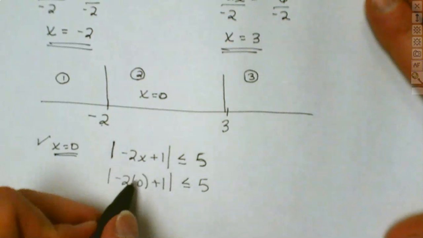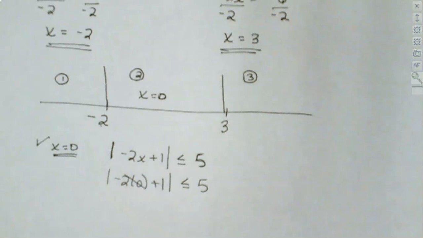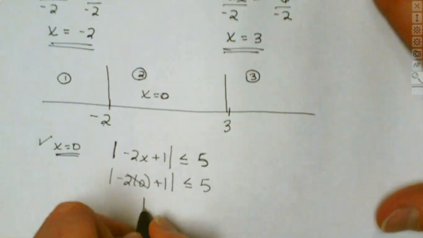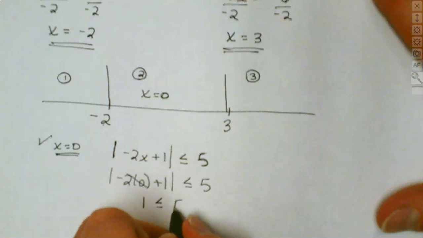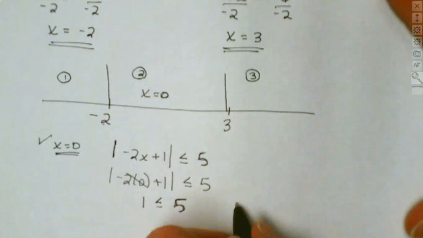-2 times 0 is 0. That's gone. The reason why we use 0 is the absolute easiest number to work with. So that's why we use it. And that gives you 1. Now, is this true or false here?